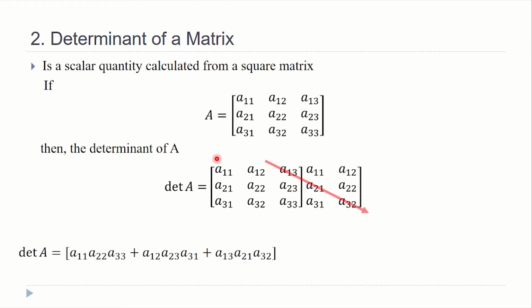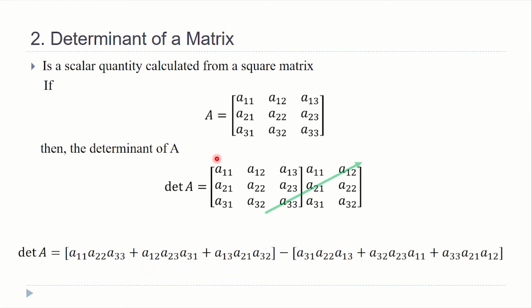Then we have minus the summation of the upward diagonals, that is A31 times A22 times A13, plus A32 times A23 times A11, plus the diagonal A33 times A21 times A12. So this would be the determinant of your matrix.